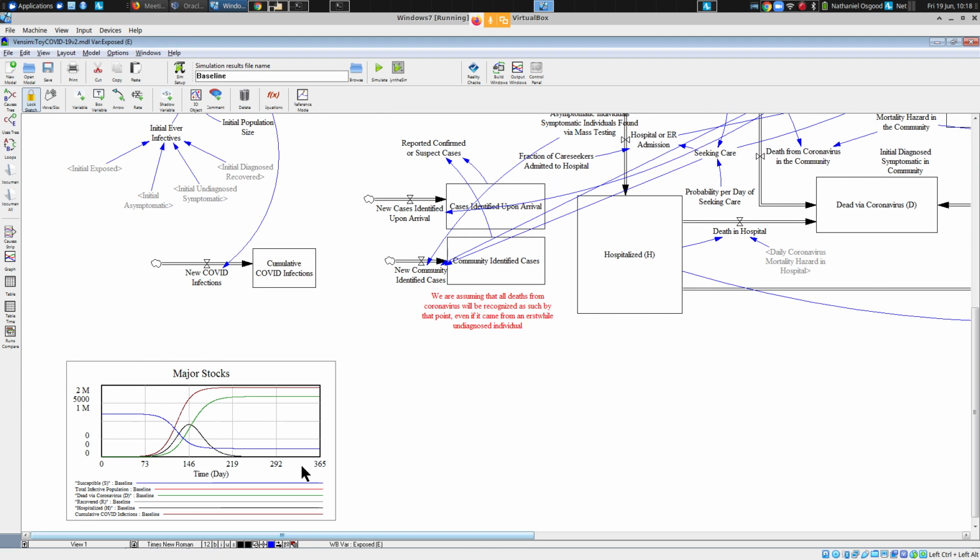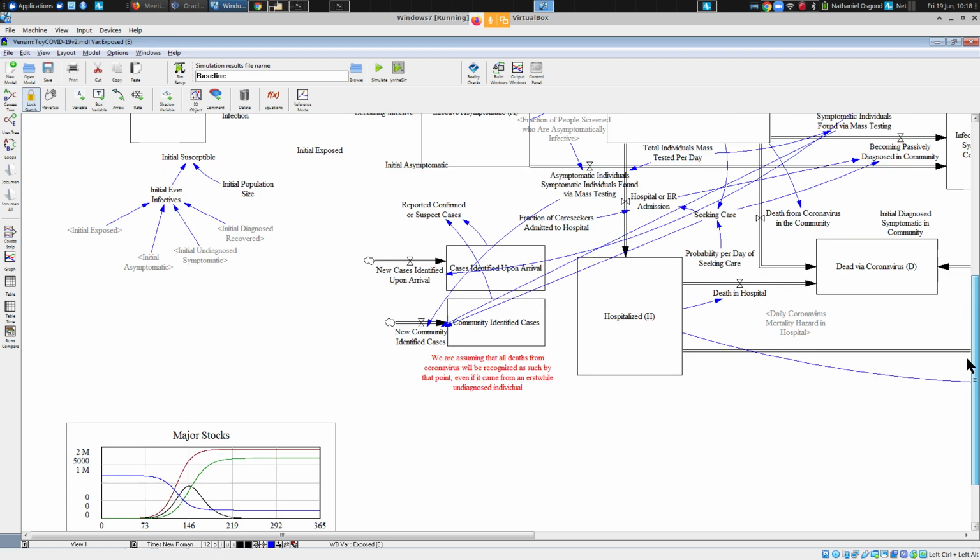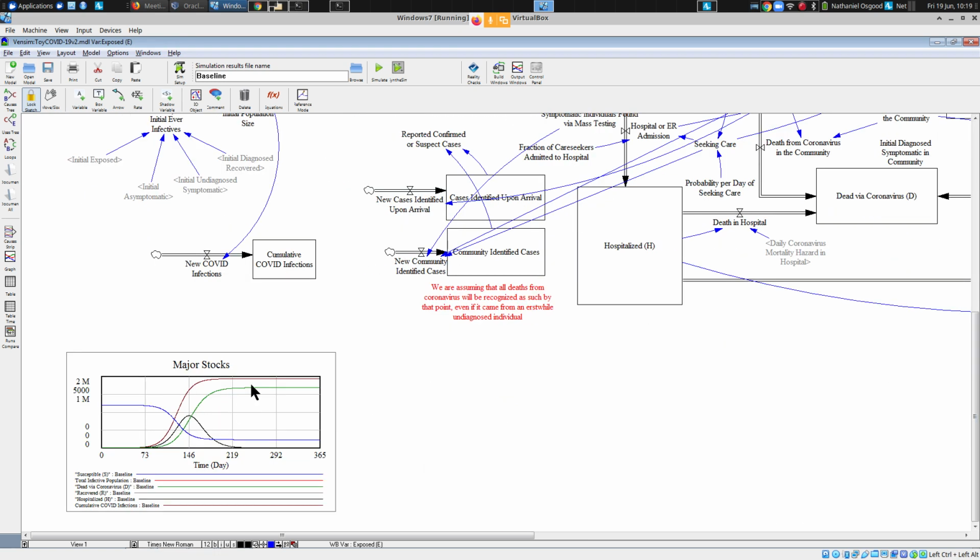If you scroll down, you should see something that says major stocks. That should be on the lower part of this model. And what this is depicting is behavior over time. On the x-axis is time. That's time in days. The y-axis is values of different variables.